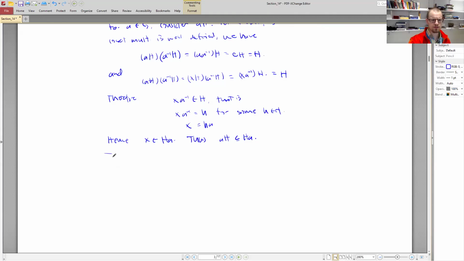So now let Y be an element of HA. Since multiplication is well defined, let's see here. Then Y is equal to h times A. It might be a different h, so I'm going to call it h prime.